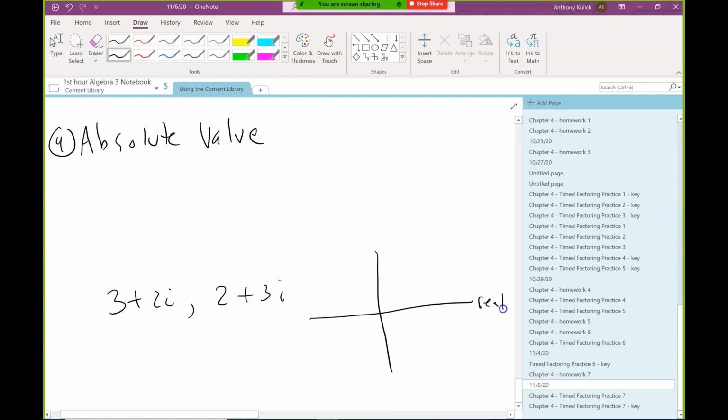So we're going to put the real part on the x-axis and the imaginary part on the y-axis. So 0 is here at the origin. And 3 plus 2i would be 3 over and 2 up. 2 plus 3i would be 2 over and 3 up.